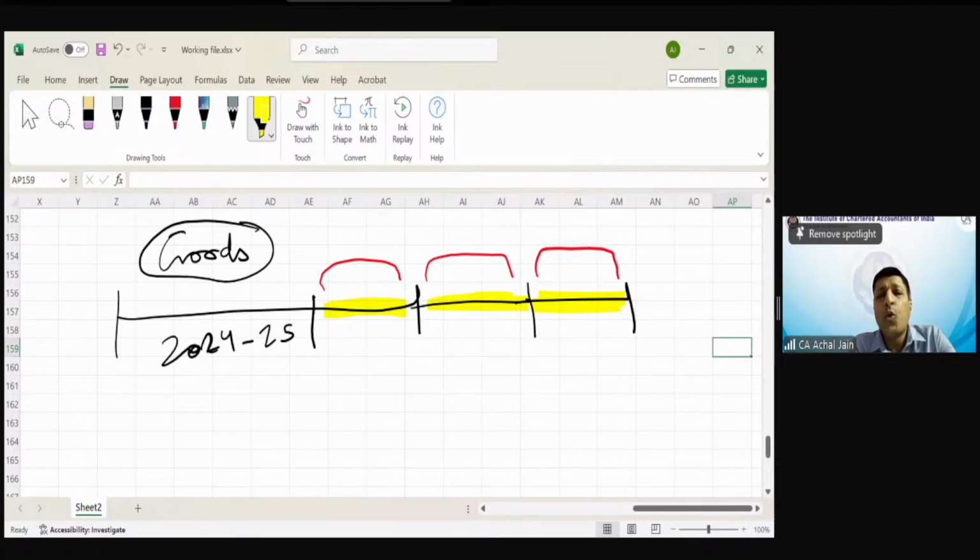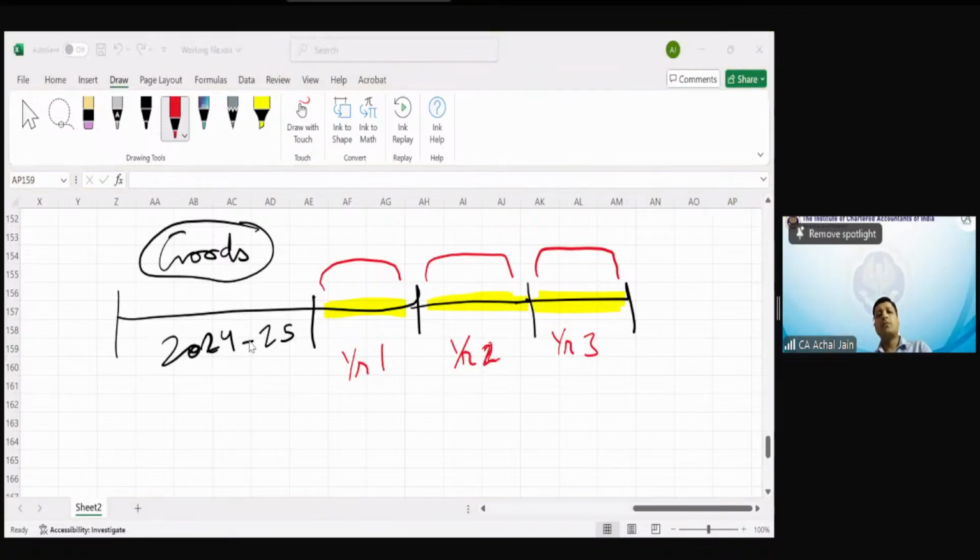Now, till the time the auditor doesn't look at the document, will he be able to understand whether this provision should be created for year 1, year 2, or year 3? Tell me. You may be thinking, but the management may let him know.